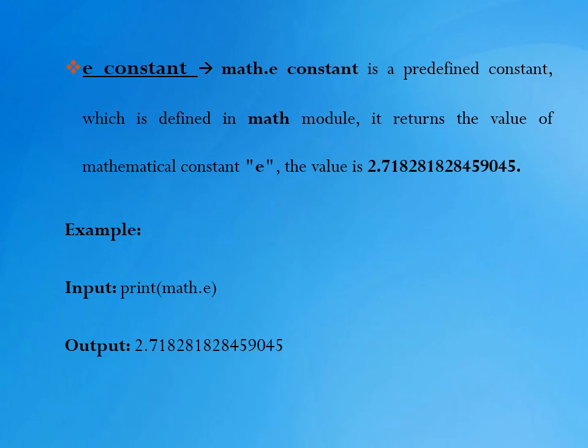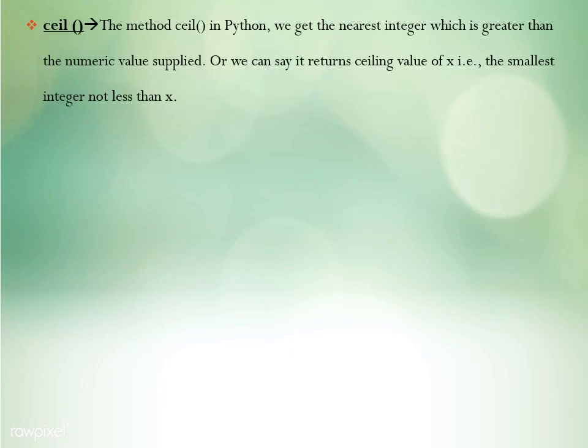Then we write the command print math.e. Then it will print the constant value of E, that is 2.71. So here we saw two constants of the math module, that is the pi constant and the E constant. We'll discuss the next function.